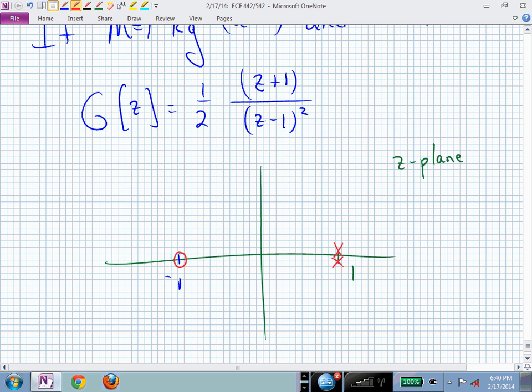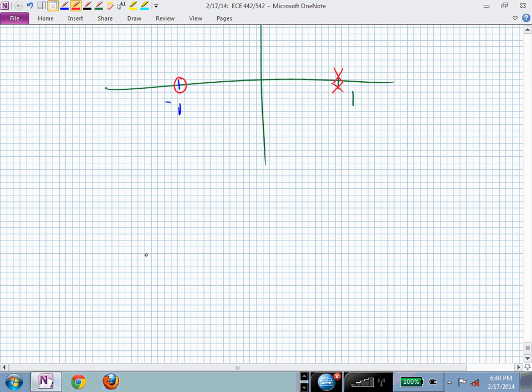Now, comparing that to G of S, how many finite poles did we have? We had 2 at the origin. In the S-plane, the origin is S equals 0. Remember our relationship between S and Z? That's our relationship, isn't it?